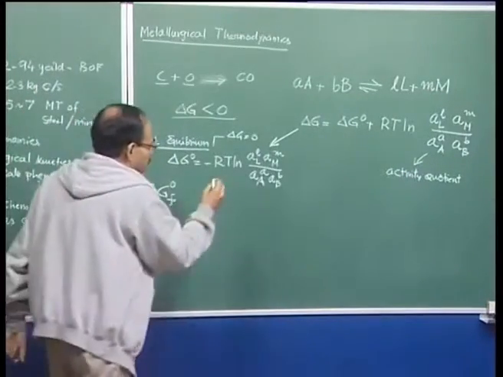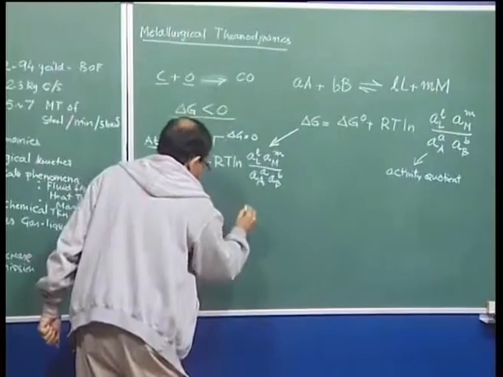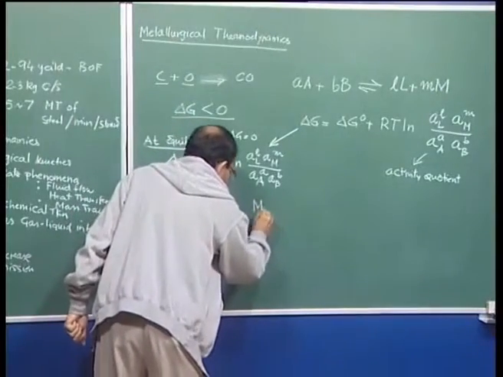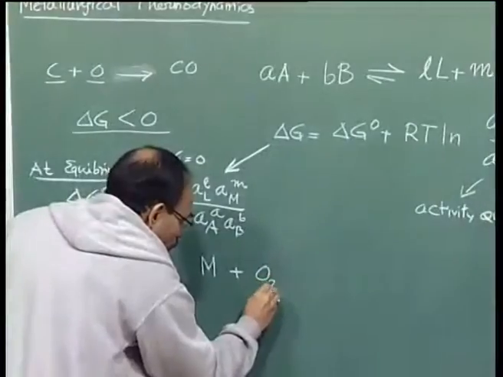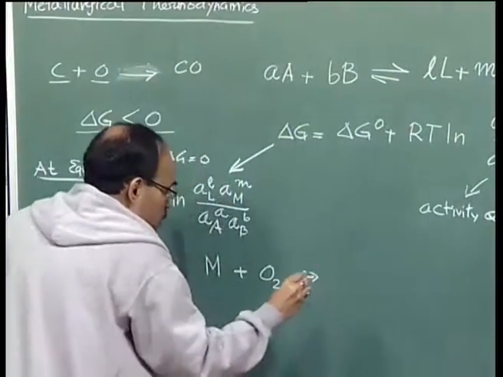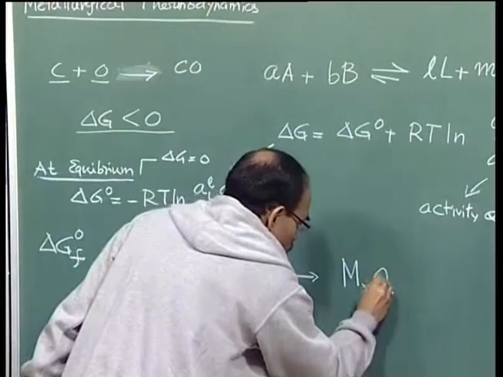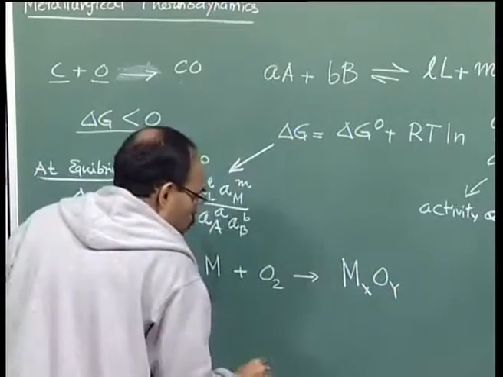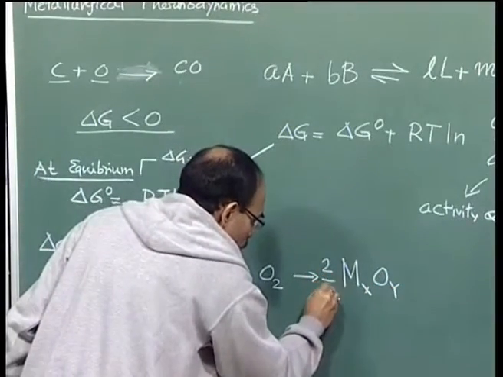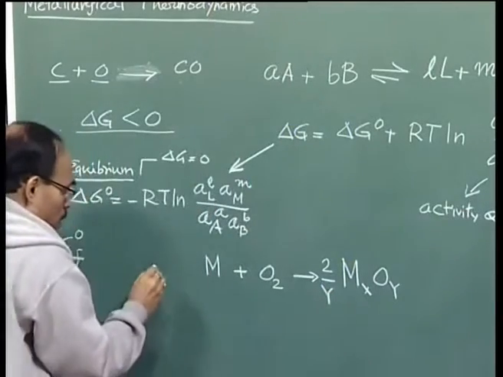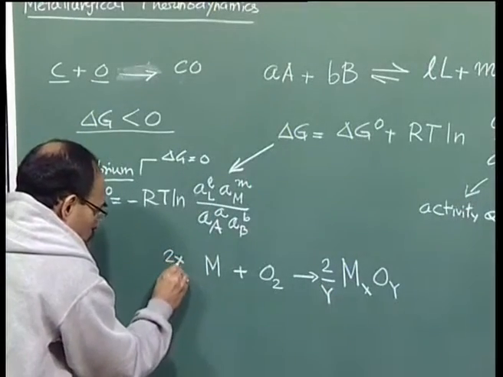For example, I can write down, say, a metal plus oxygen gives MxOy. So therefore, it is going to be 2 by y, and this is going to be 2x by y.